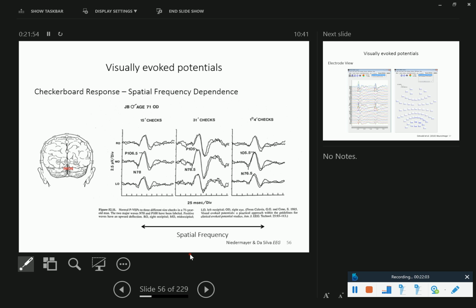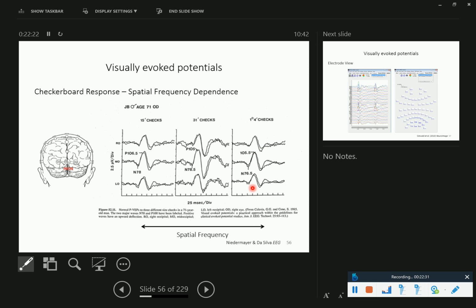If you have a very big tile, you just have a black stimulus or white stimulus, you still get a response to that. But you get a bit more of a response if you have some tiles that are black and some tiles that are white. And then at one point it gets too fine-grained, so that it looks more like a grayish thing, and then again the responses go down.